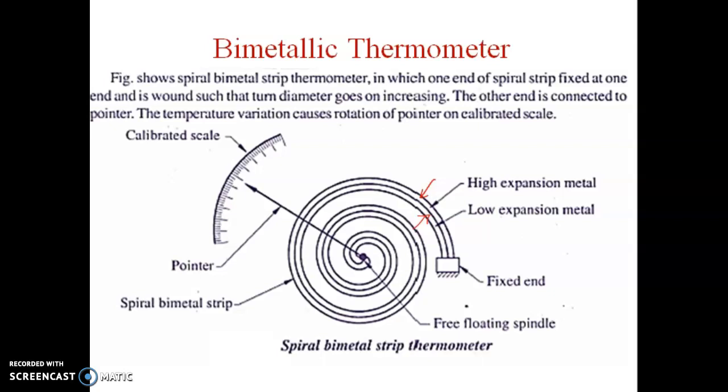So when it is subjected to an increase in temperature, this will have an expansion, so the coil will wind in this direction, anti-clockwise direction, so the needle will have a movement in this direction, and there is a calibrated scale which shows the temperature.